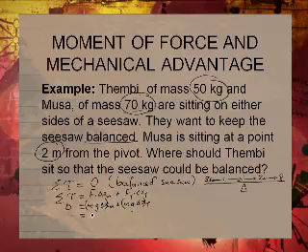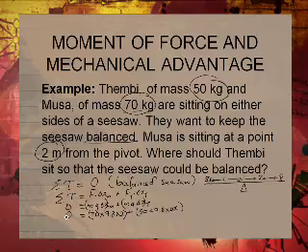Now this should be equal to, for Musa, 70 times 9.8 times 2 meters, plus for Tembi we've got 50 kilograms times 9.8 times delta x, which is what we're looking for. We want to know how far Tembi is from the pivot. Now let's work it out.